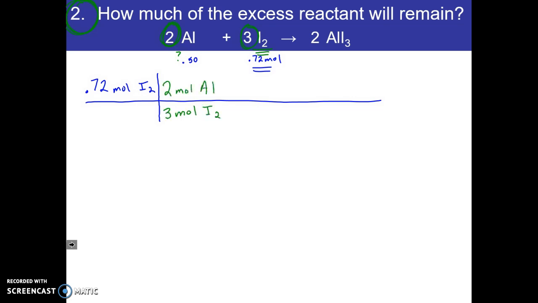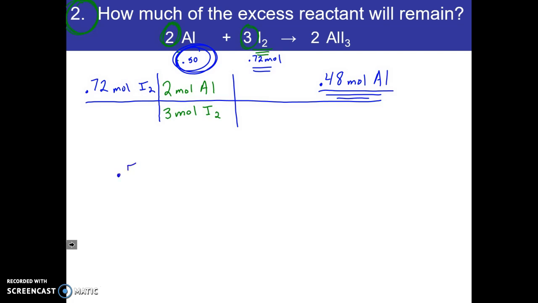So I'm not going to product. I want to convert how much aluminum I would need to react with that limiting reagent. When I do that, the answer that I get is 0.48 moles of aluminum. Now, this is how much actually reacts with 0.72. Remember, this value 0.50 we knew was extra, but now we're trying to figure out how much extra.